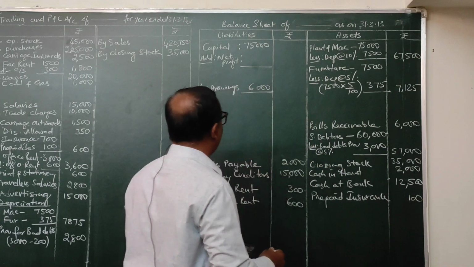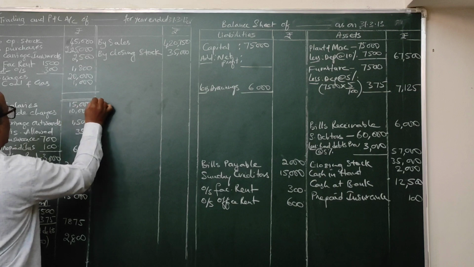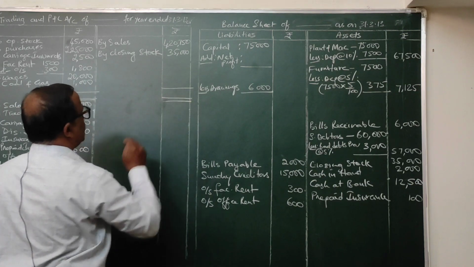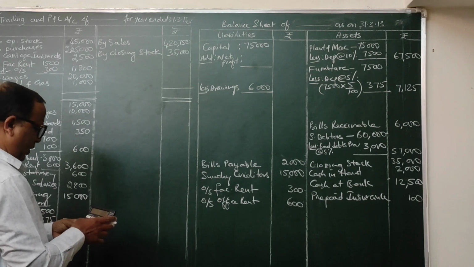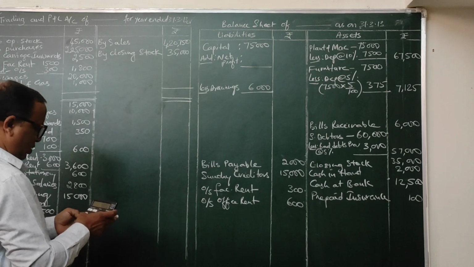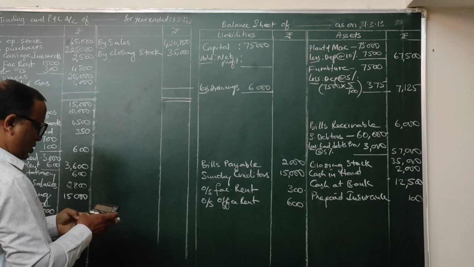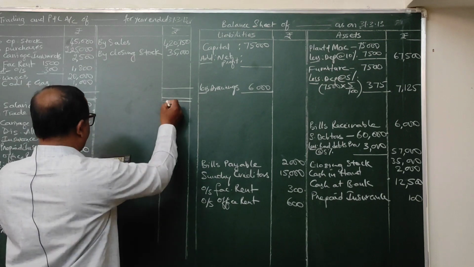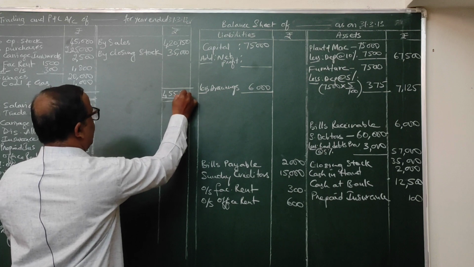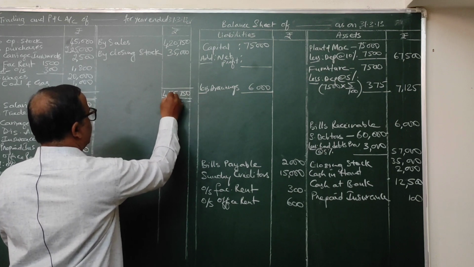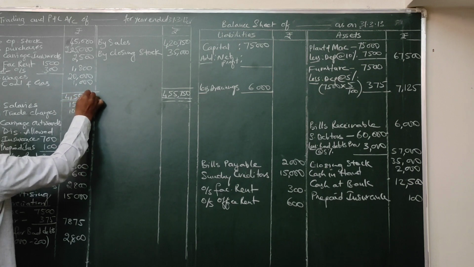Okay, this is how we have completed. Now let's balance this particular one. If you balance your trading account, let's see what is the total on the credit side. 4,20,750 plus 35,000, so the total is 4,55,750. The same amount we write here, 4,55,750.